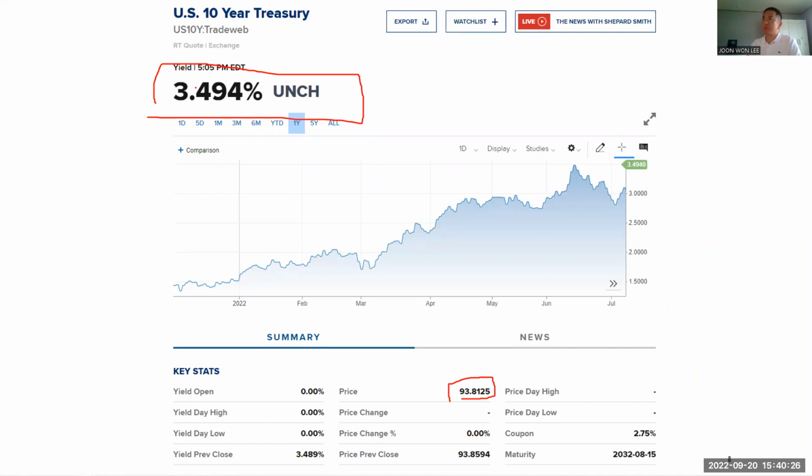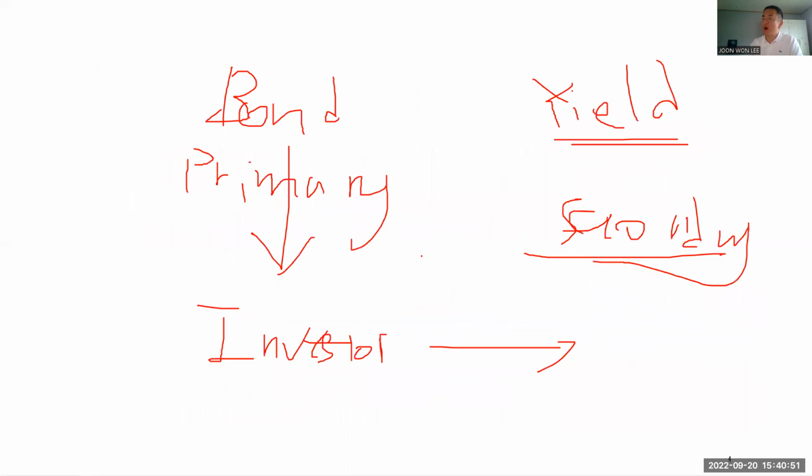So in the bond market, they usually look at the yield rather than price, because they focus on interest rate, right? So why does interest rate have any connection with bond price?